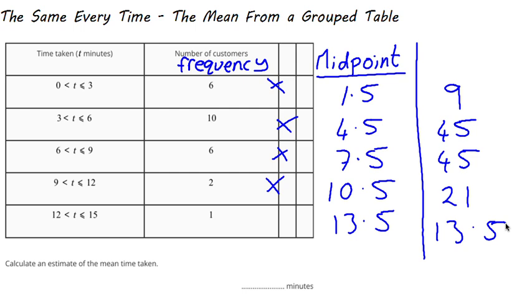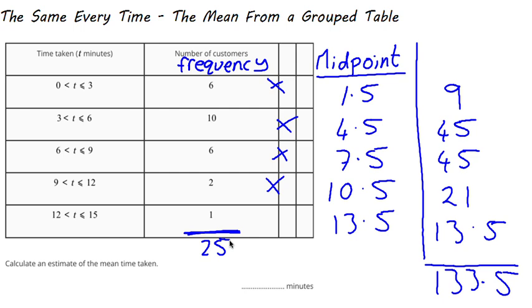Now you know, because you've seen this in the previous videos, we need the total of this. So 9 plus 45 plus 45 plus 21 plus 13.5, 133.5. The other thing we need, and they're not telling us in this question, we need the total of the frequency. So 6 plus 10 plus 6 plus 2 plus 1 gives us 25.